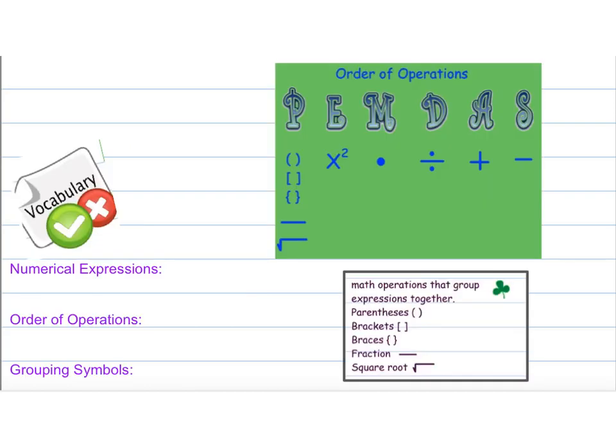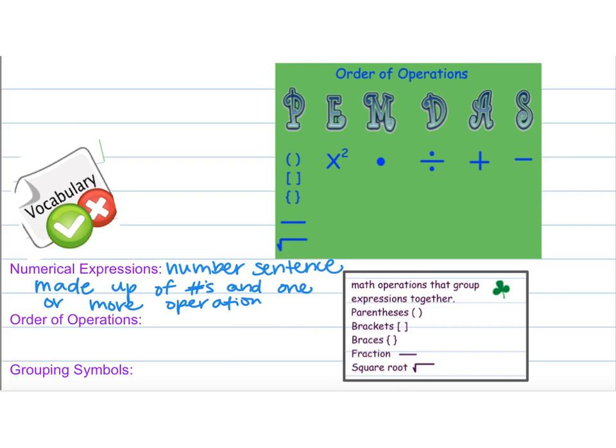Okay, we have some vocab here that we need to have written down, so you should have the word written down as well as the definitions. So first, numerical expression. Well, numerical means number, and expression means a phrase or like a sentence. So this is a number sentence, and it's made up of numbers and one or more operations.